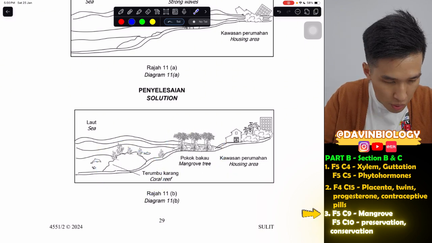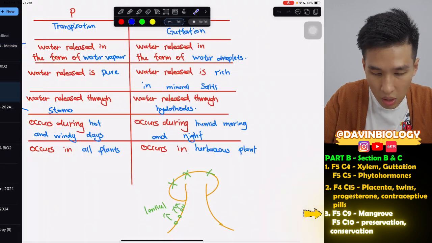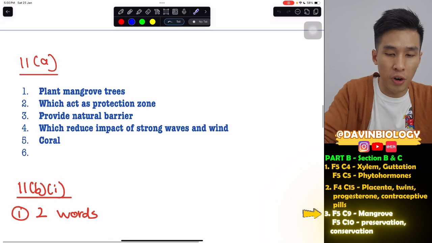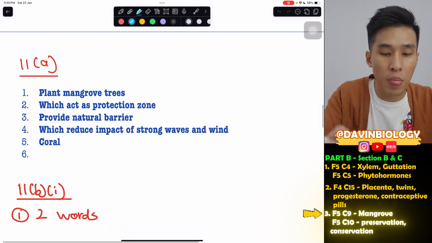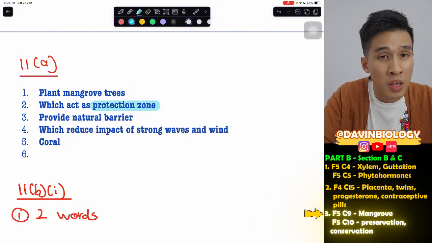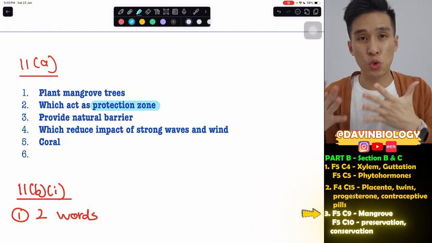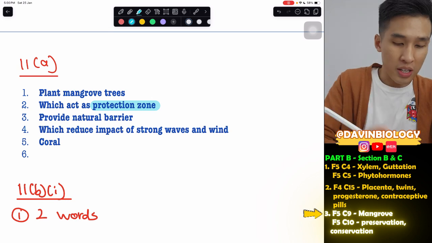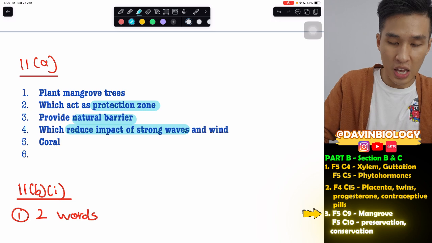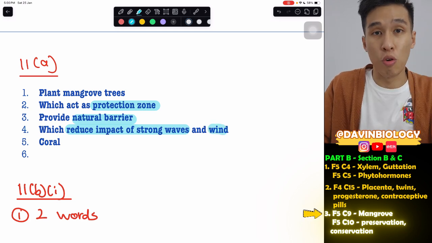I already prepared the answer here, so you can see here. Now, you plant mangrove trees, because if you look at our textbook, one of the benefits of mangrove is it acts as a protection zone. Because mangrove stems are very strong, their roots are very strong, they can act as a natural barrier to reduce impact of strong waves and wind. Now, you see that they also plant coral.